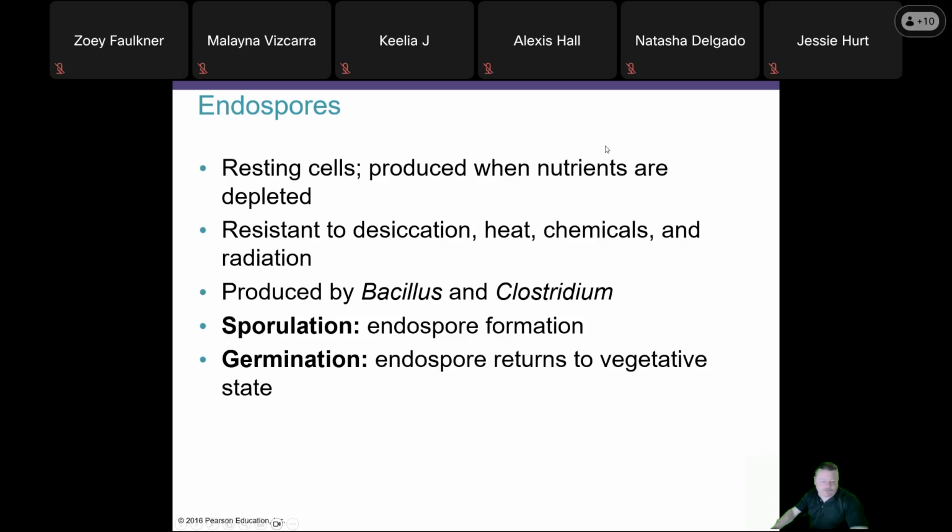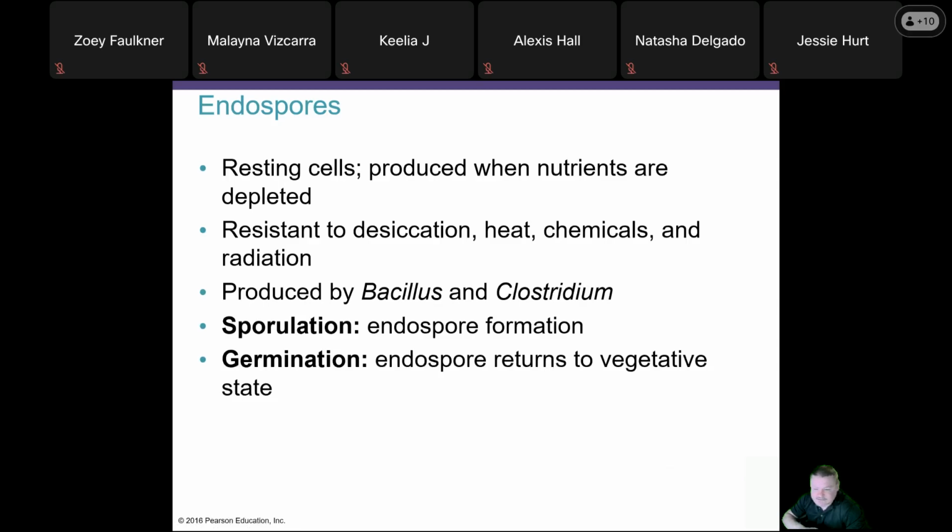And then endospores, you are going to test for these. You will do a stain. They will appear green after you stain it. Bacillus and Clostridium are well-known sporulators, which means they form endospores. And the endospore is basically just some DNA, and it locks itself up, just a little bit of DNA with the capsule around it.